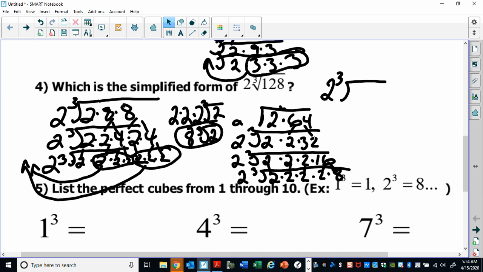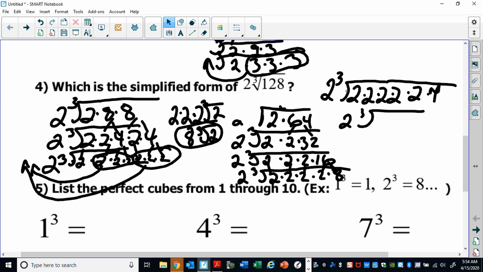Alright, so now 1, 2, 3, 4. Then I have 2 times 4. Alright. Over here, same thing, 2 times the cube root.